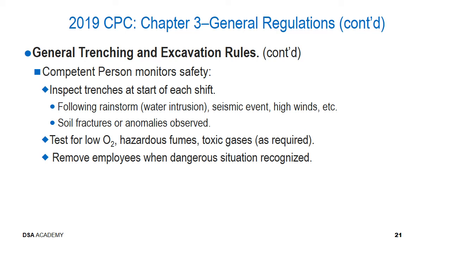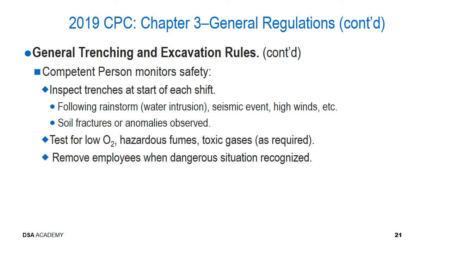Understand that there is a competent person identified on the job who works for the owner or for the contractor, known as the competent person, and their sole function is to monitor employee safety around excavations and trenches. They're going to inspect trenches at a minimum at the start of every shift.